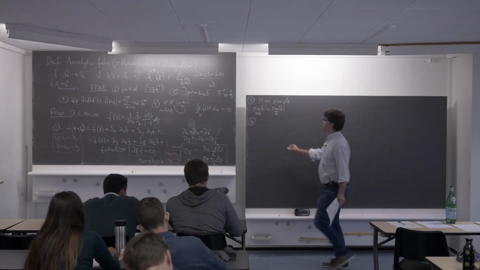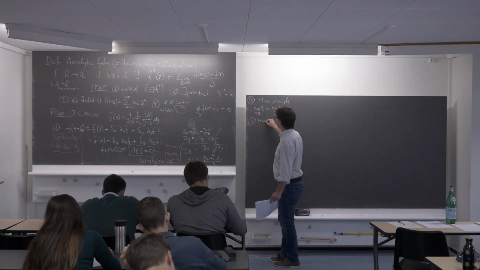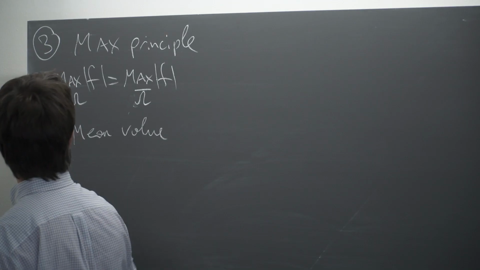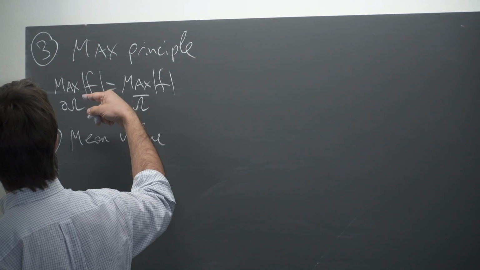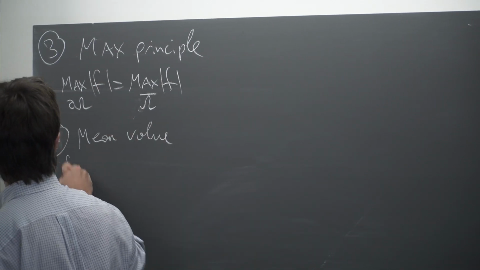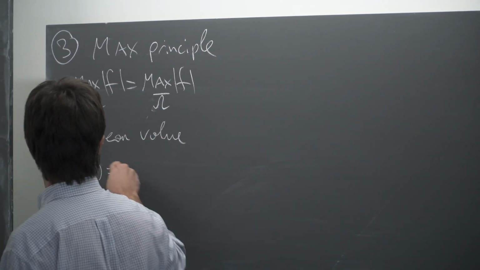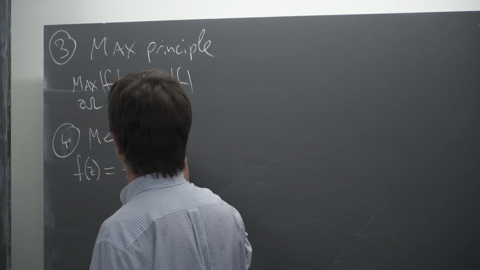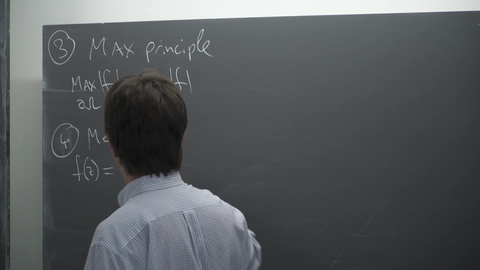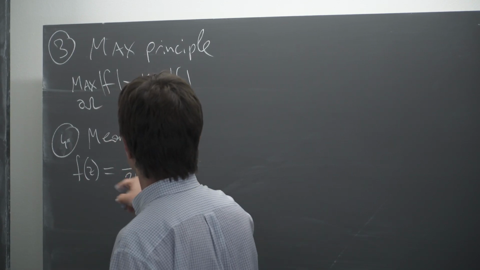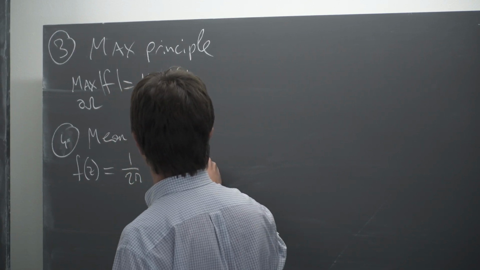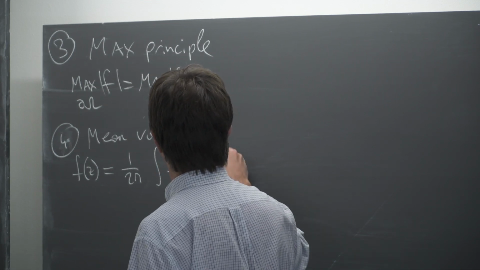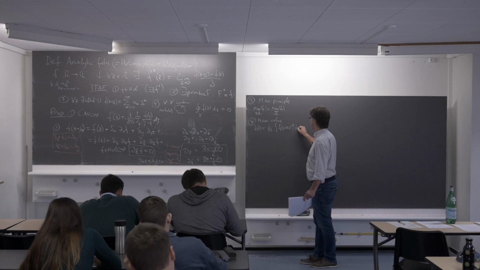Then there is the mean value property, which is actually much stronger than the maximum principle: f of z is equal to 1 over 2 pi times the integral of f on a circle around z, f of z plus r e to the power i theta, d theta.